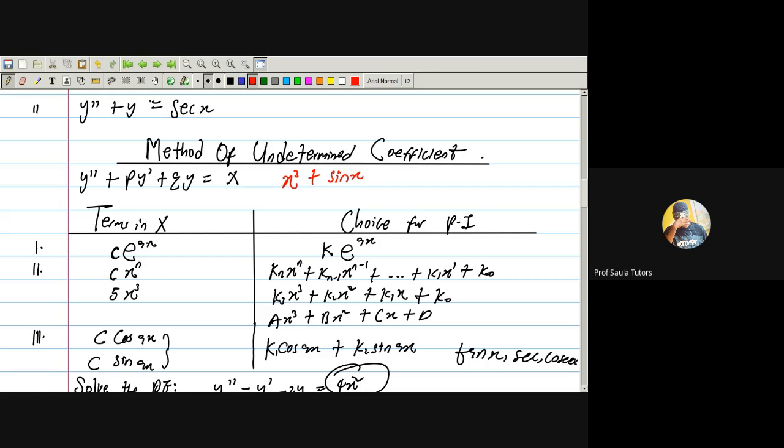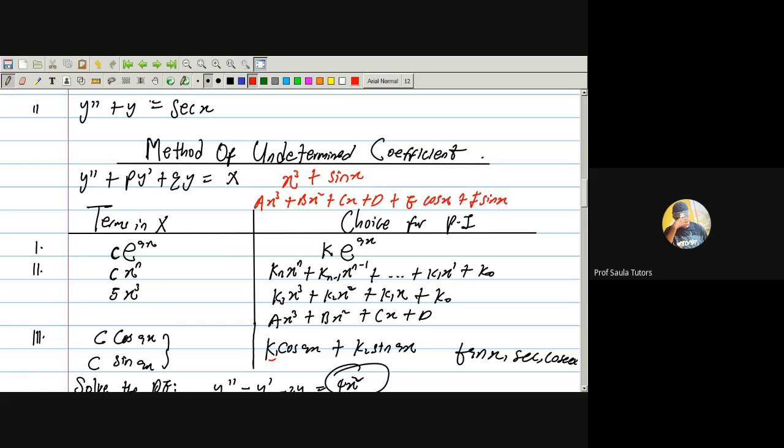Remember, if it is for x cubed, what do we say? Ax cubed plus bx squared plus cx plus d. Now, if it is for sine x, what do we say? We say some constants, e cos x plus f sine x.